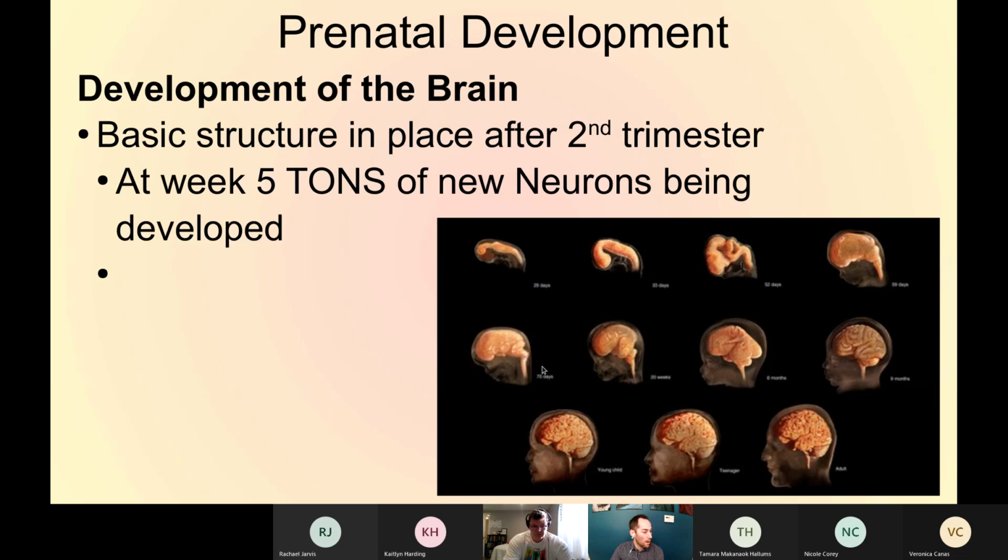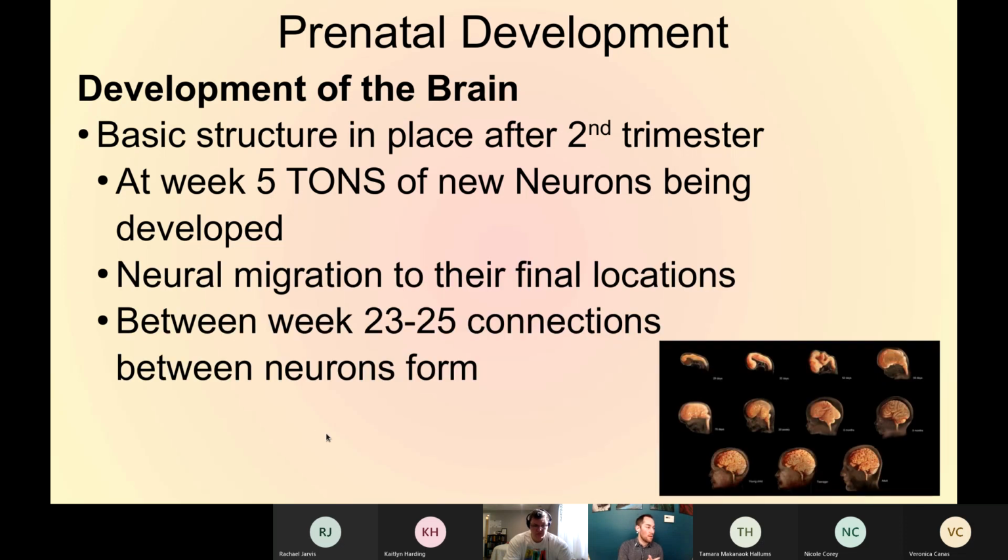So at about 20 weeks, you've got a good portion of neurons already in the place that they should be, and they start to reach out axons and dendrites to communicate with other neurons.